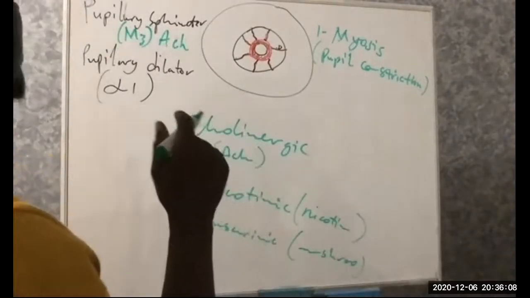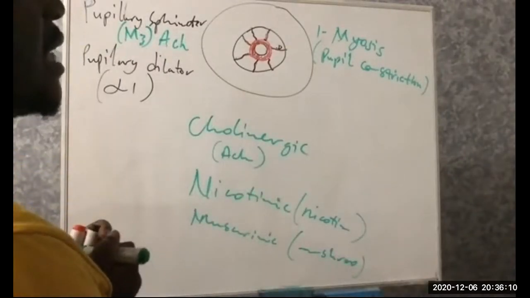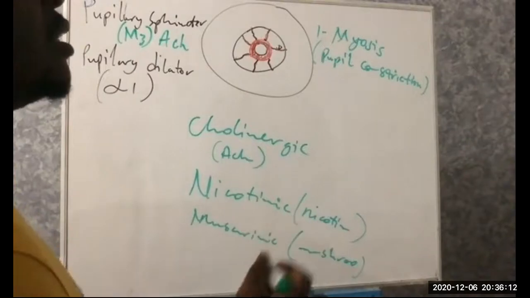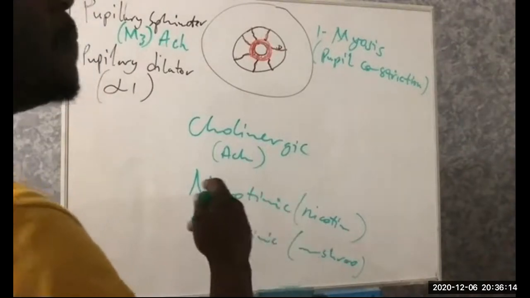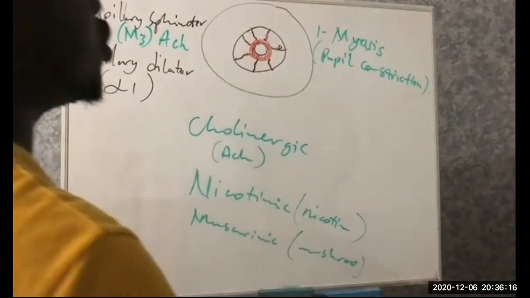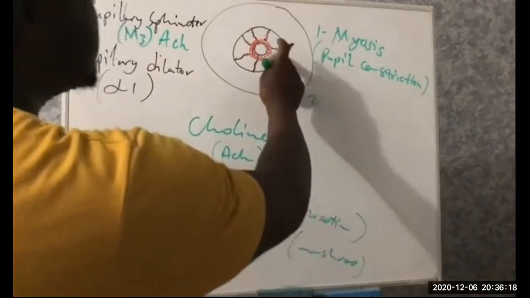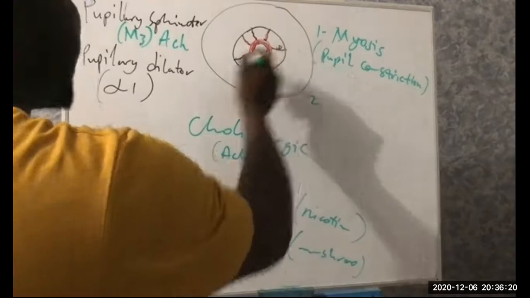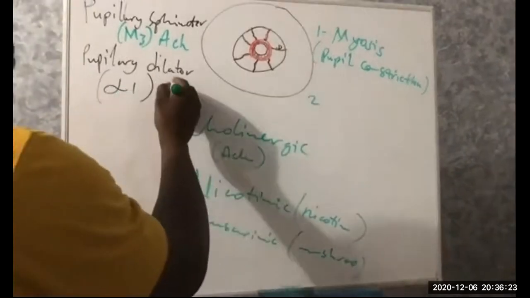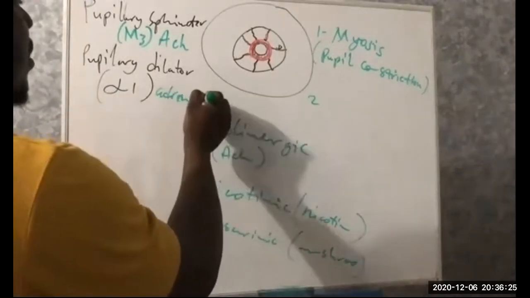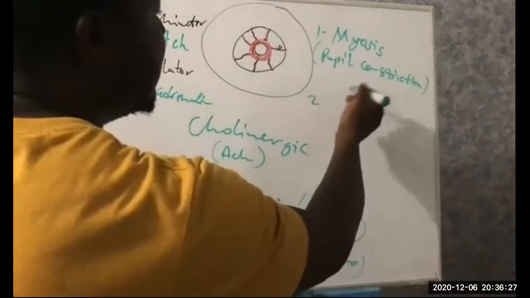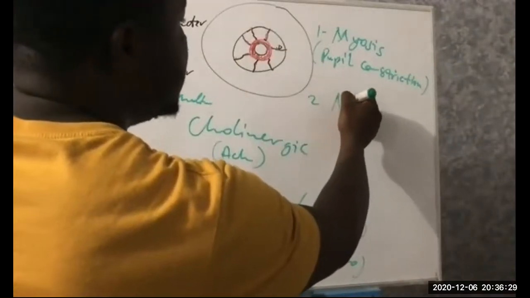But assuming they had said that the person was stressed, or maybe was given an adrenaline shot, because these dilators have alpha-1 receptors, they respond to what? Adrenaline, right? And they would have what? Dilated. So that would have been mydriasis.